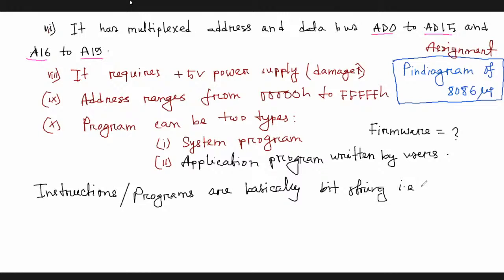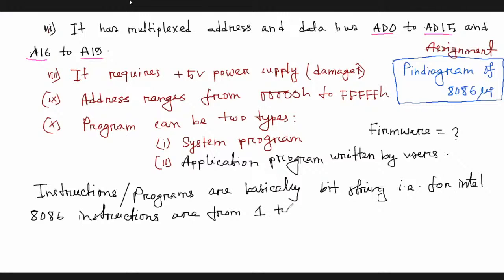For example, for Intel 8086, instructions are from 1 to 6 bytes long.